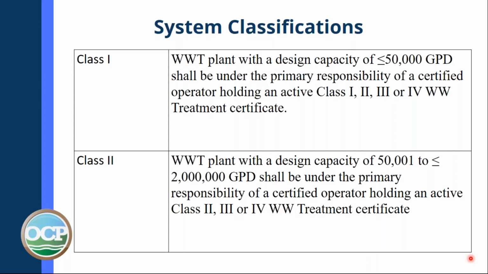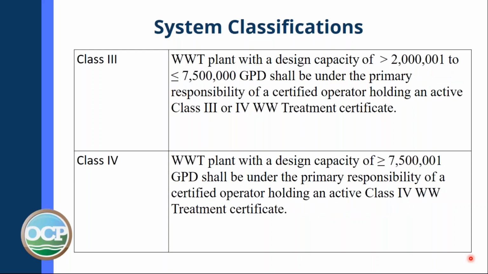Class 2 sizes are going to be larger, anywhere between 50,001 gallons to less than 2 million gallons per day, and these can be under the primary responsibility of Class 2, 3, and 4 certified operators, but not Class 1.